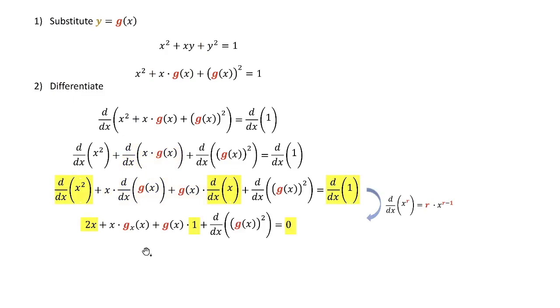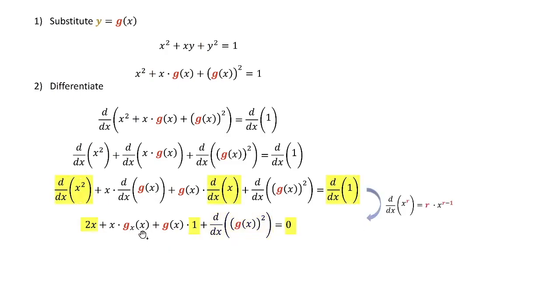And then I guess because I want to do the power all at once, the derivative of x squared is 2x. The derivative of x to the first power is 1. The derivative of x to the 0 power is 0. So all that's done. Notice the derivative of g of x, g prime of x comes out.